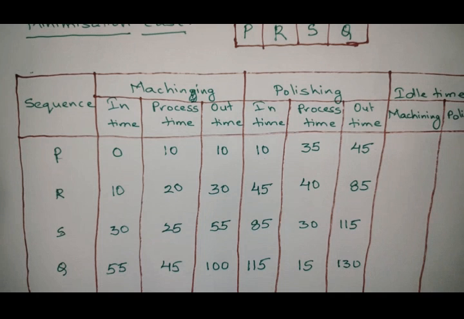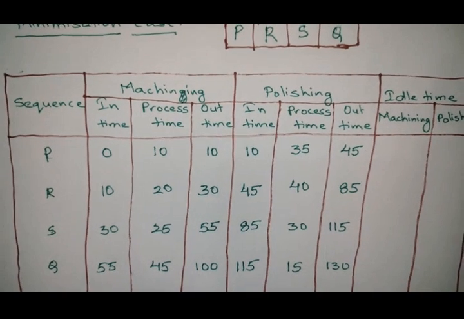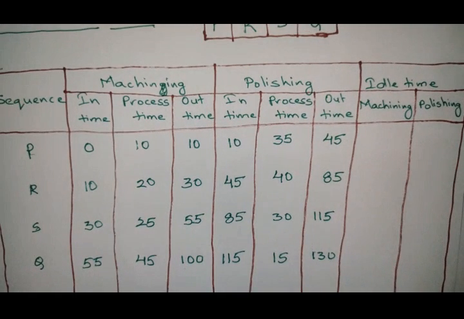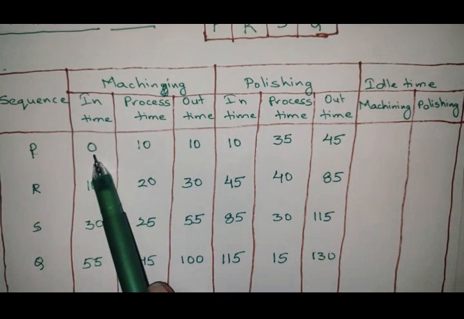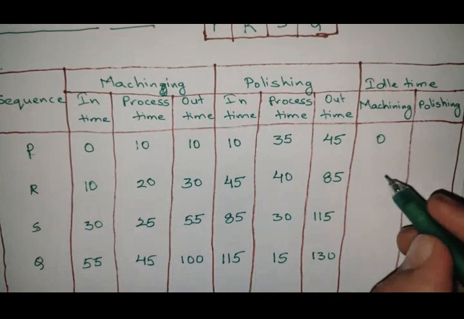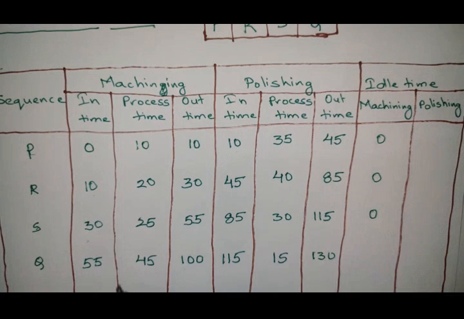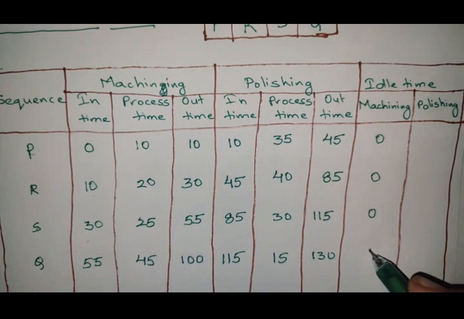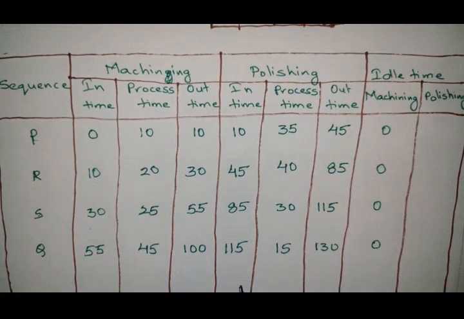And then let us calculate the idle times in both the processes. So the idle time in machining is equal to the initial idle time 0 and next idle time difference of 10 and 10, 0, difference of 30, 30, 0, difference of 55, 55, 0, and next the final times difference of 130 and 100, it is 30 hours.